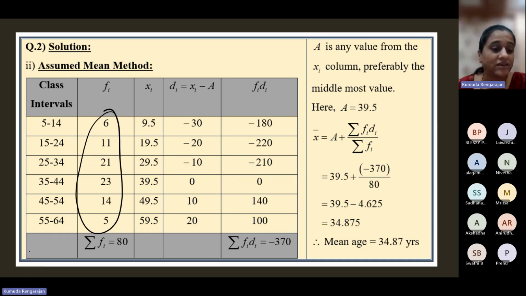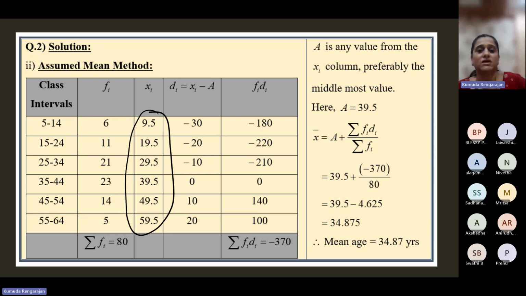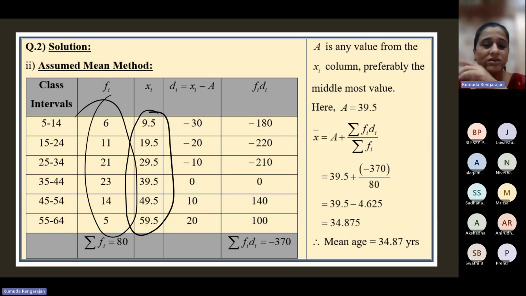Because A is picked from the XI column, this is what you should remember. You must remember these things, because you can make this mistake of choosing A from the FI column. We know everything, but by mistake, we have not registered it in the examination. You're confused about which column to pick A from, XI or FI?